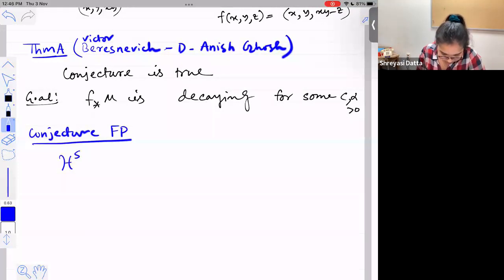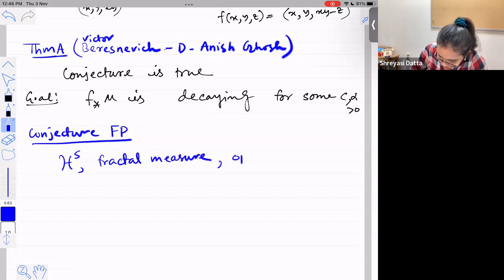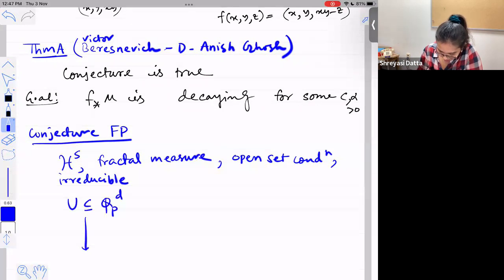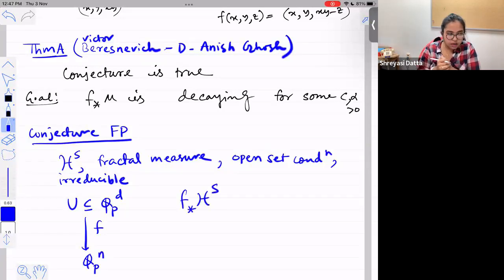So H^s is a fractal measure which satisfies the open set condition, and also the similarity maps are irreducible. Then if you take an open set of Q_p^d and a map F from Q_p^d to Q_p^n, and if you look at F star of H^s, then the conjecture is that F star of H^s must be extremal.